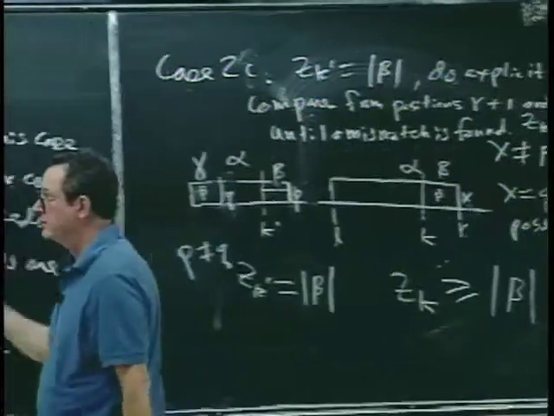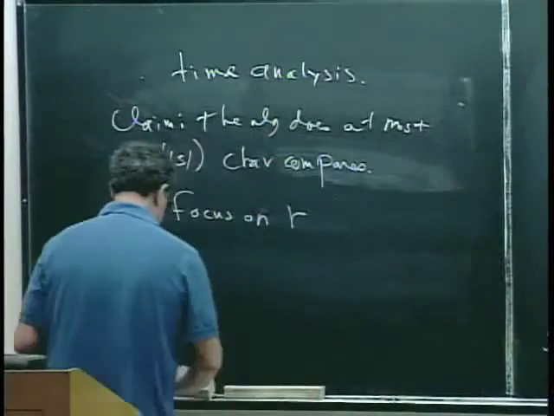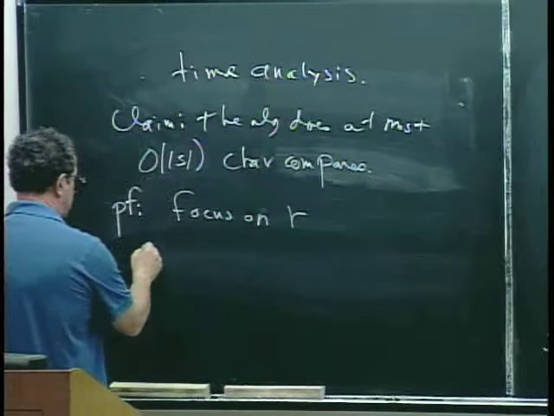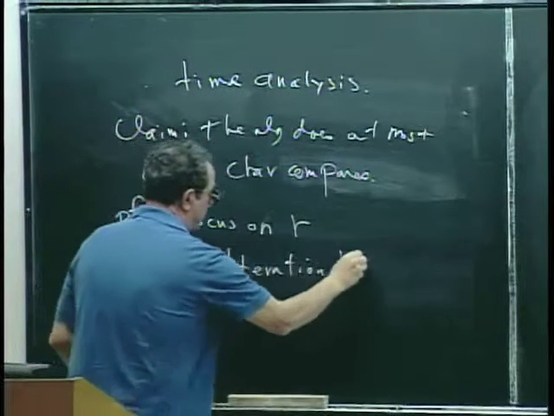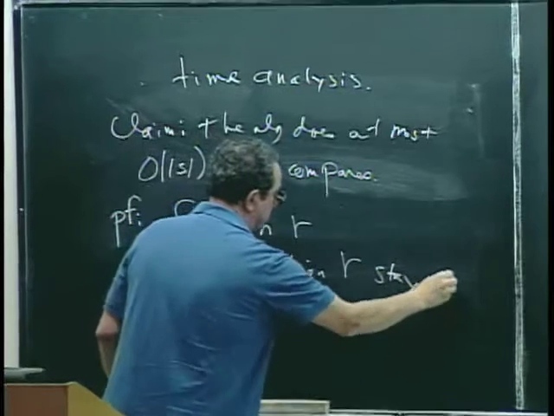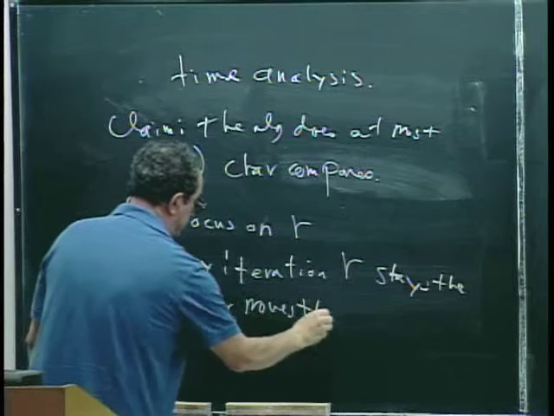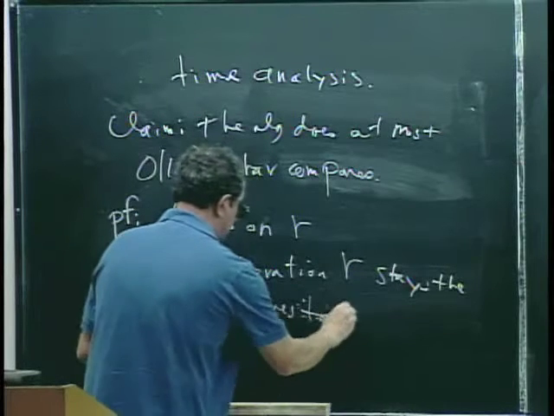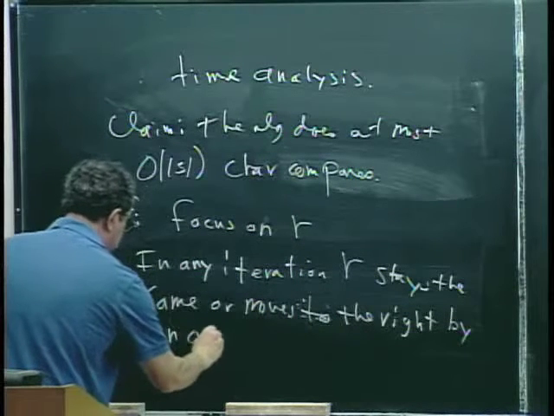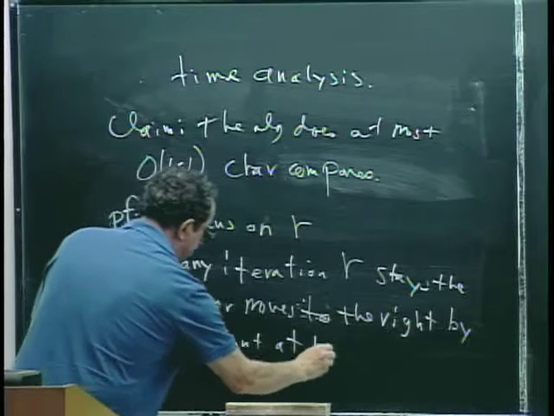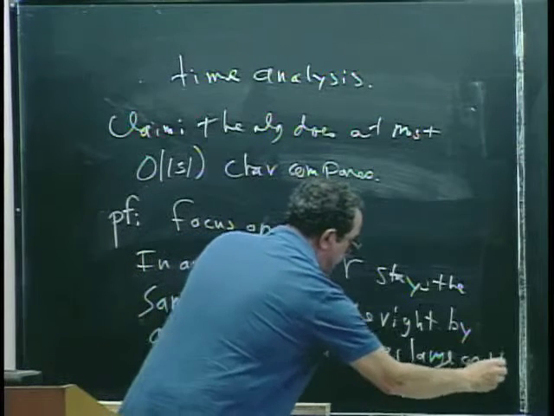So R only migrates to the right, and in any iteration, R stays the same or moves to the right by an amount at least as large as the number of matches.